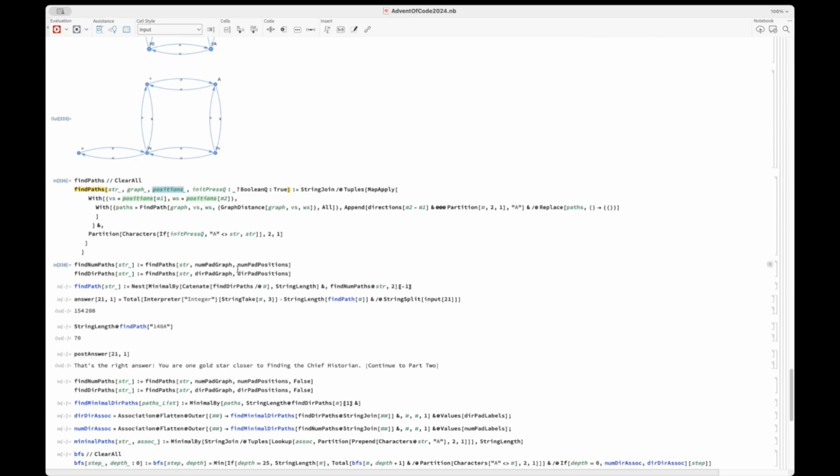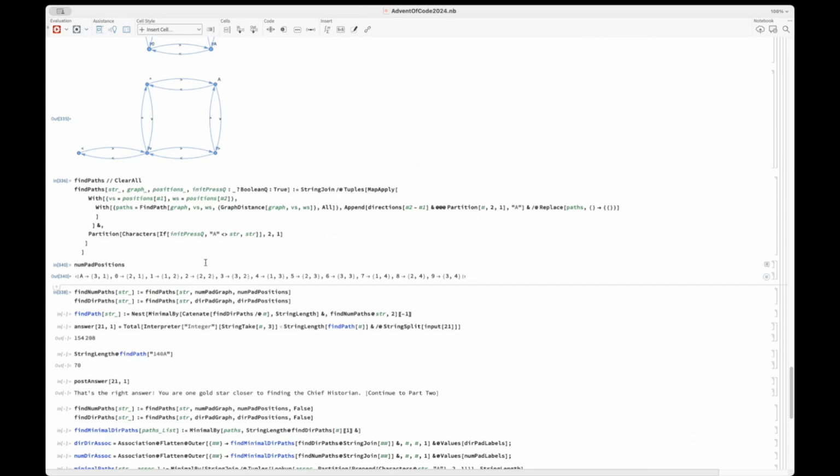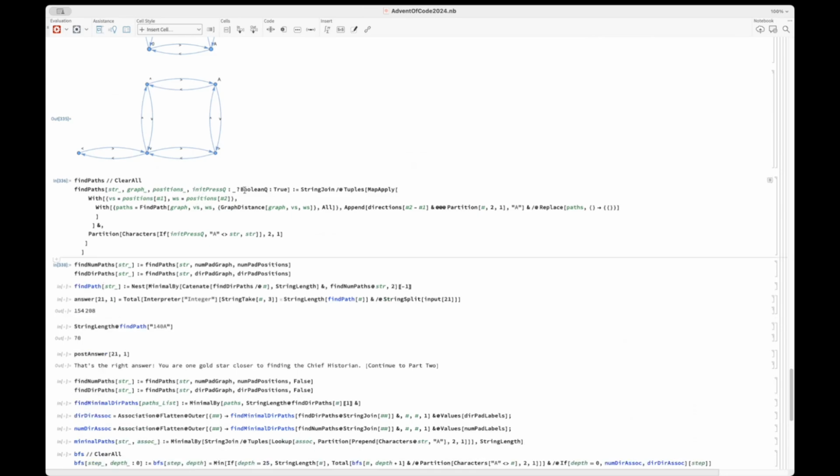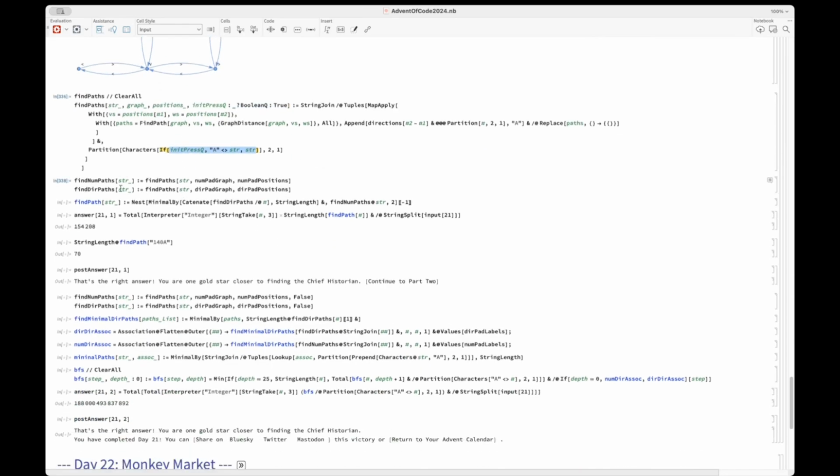Positions are also pre-computed: just the positions of all the buttons, all the characters of the string, all the vertices in the graph. This init press is already in anticipation of part 2, whether you add A or not. But here we just find the path.